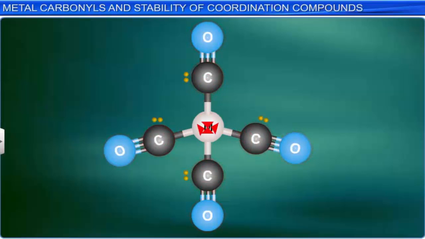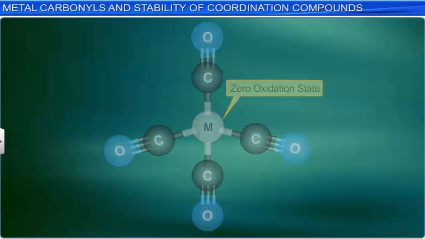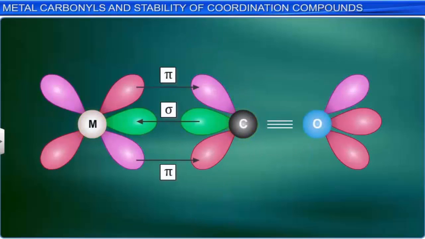In a metal carbonyl, the metal-carbon bond has sigma as well as pi character. A sigma bond between a metal and a carbon is formed by the donation of a lone pair of electrons on the carbon of the CO molecule to a vacant orbital of the metal. A second bond is formed by back bonding.